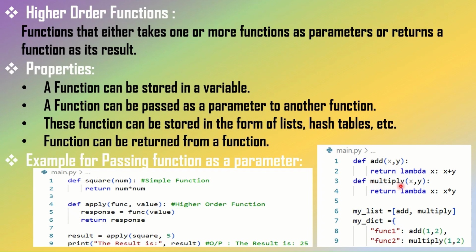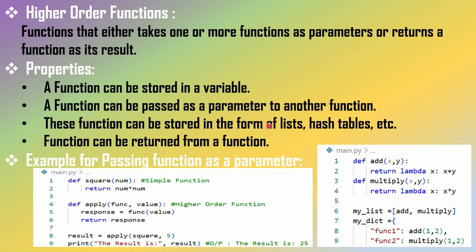Similarly, in the multiply function, I was returning a function that performs multiplication between two parameters x and y. Now we have just discussed, any function that returns a function as its result, we can call a higher order function. So these two functions are returning lambda functions, and I can say these belong to higher order functions.